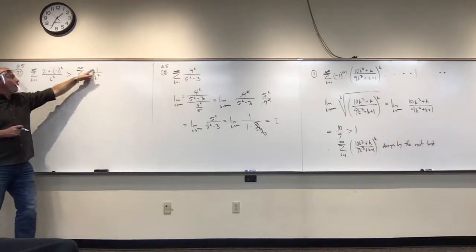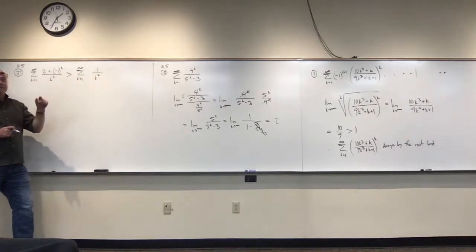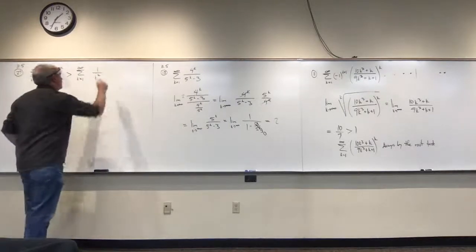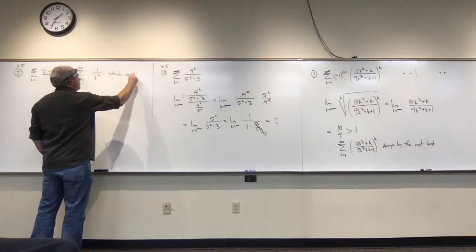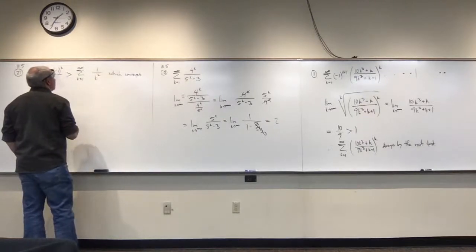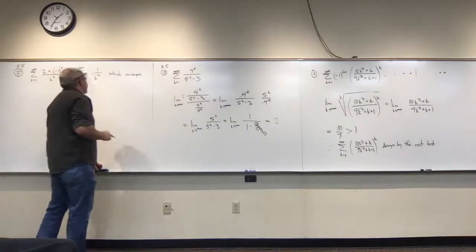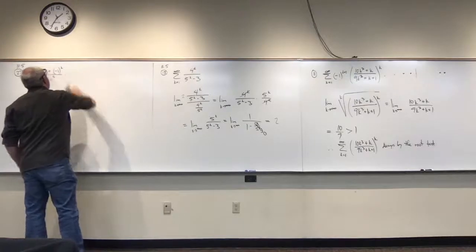So if you have 1 over k to the p, and p is bigger than 1, then we get convergence. If it's less than or equal to 1, it diverges. Okay, so this one converges. But is that helpful? That's not even helpful. So I probably needed to do the other way. Okay, but it's still good to think about.